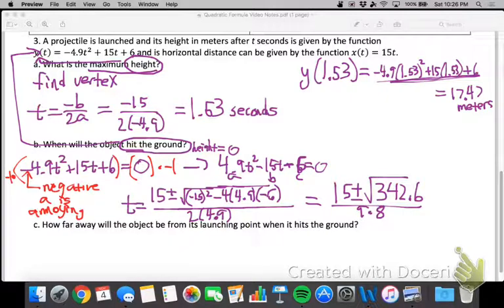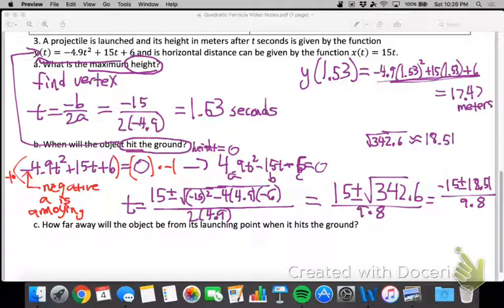We want a value, right? So at this point, I'm just going to plug square root of 342.6 into my calculator, and it will spit out 18.51-ish. So now it's negative 15 plus or minus 18.51 all over 9.8.